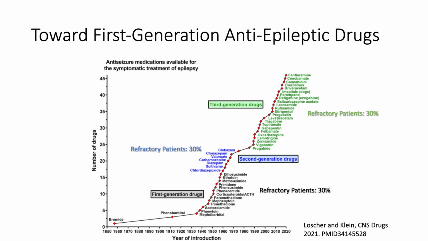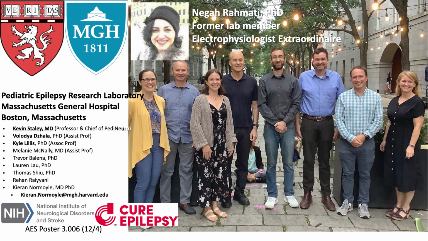And I would just point out for our discussion that the fact that we still have 30% refractory patients is rather an indictment of how we're finding targets, and the way in which we are looking at targets. It means that we're missing something. And so I hope that maybe you'll take from this that understanding exactly what the concentration is locally at a GABA synapse is something that we maybe should know a bit more about, or spend a little more time thinking about. So I'm happy for the discussion on that.